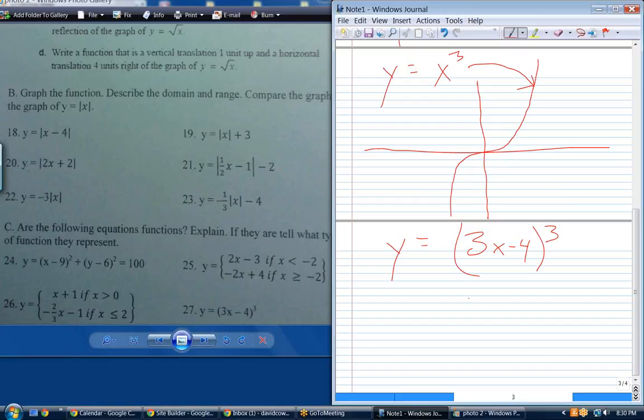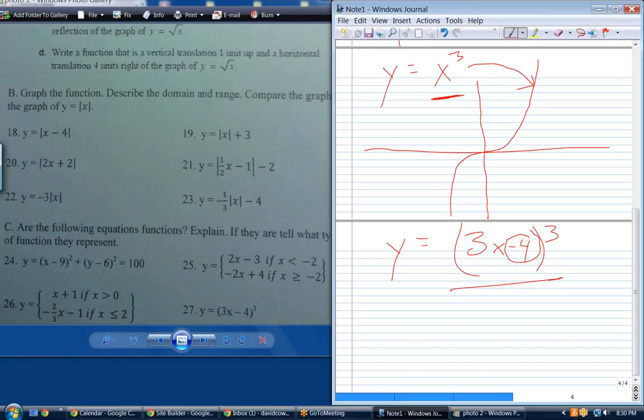So if we recognize that this is merely a translation of this, what kind of translation is it? What's the minus 4 do? It makes it go right 4 times?